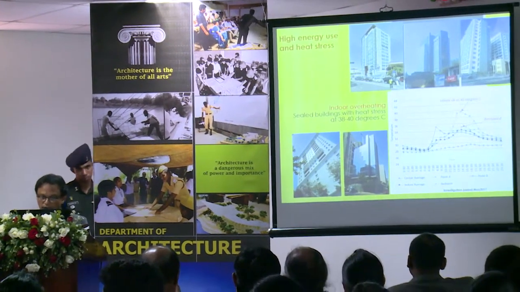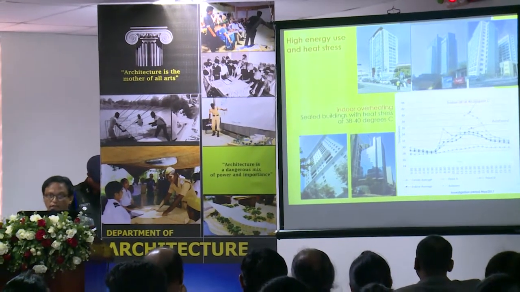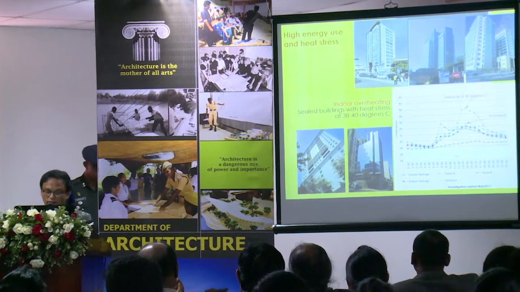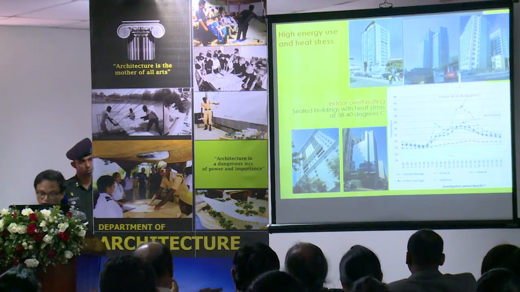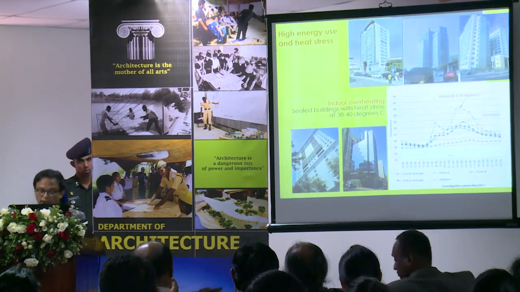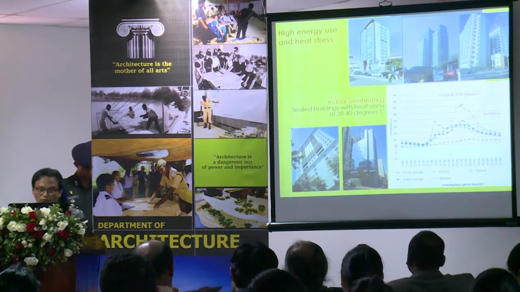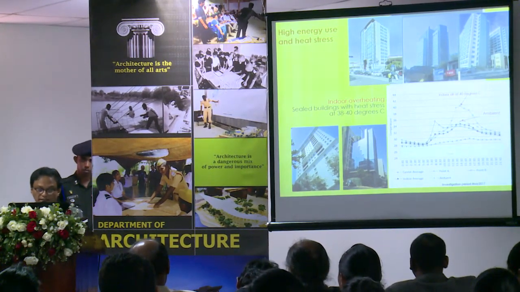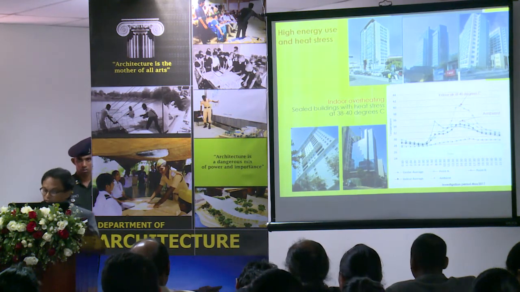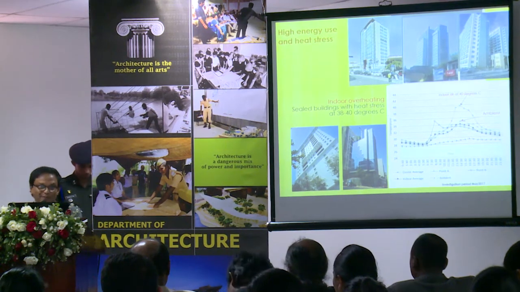We investigated the buildings during weekends, on Saturdays and Sundays, when all the air conditioners were switched off, and we found that the internal temperature of all these buildings comes to about 40 degrees centigrade. So buildings are like ovens, and simply, the air conditioners are used to cool ovens, not to cool people.